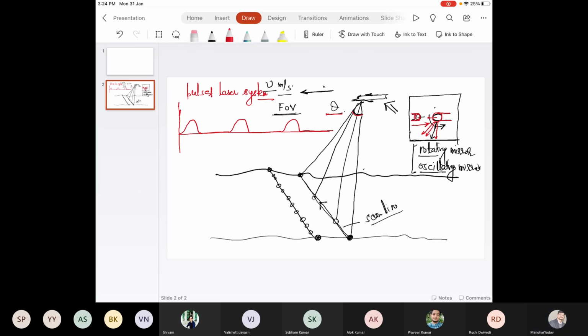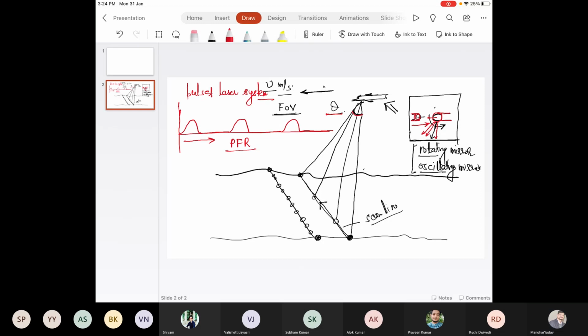Okay. So the rate at which this laser beam is fired as a pulse laser is called the pulse firing rate. So PFR stands for pulse firing rate. Fine.